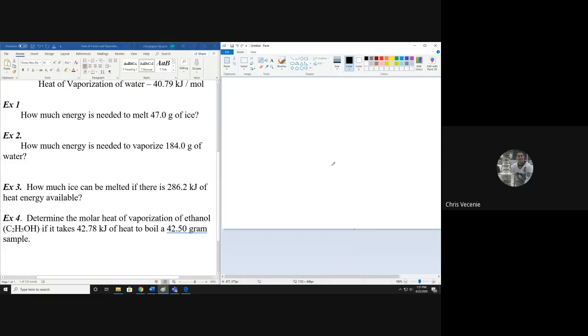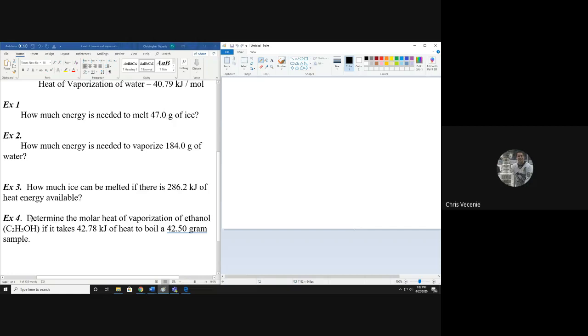Number 4, determine the molar heat of vaporization of ethanol. And I told you ethanol's formula because you wouldn't know that one. If it takes 42.78 kilojoules of heat to boil a 42.50 gram sample.